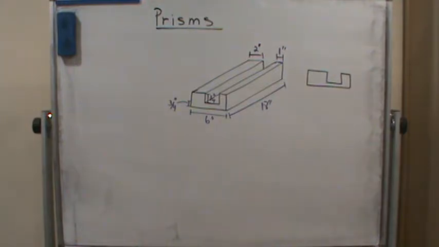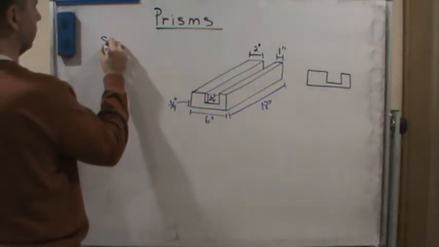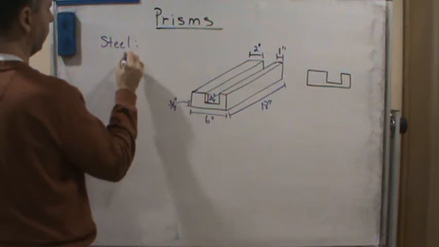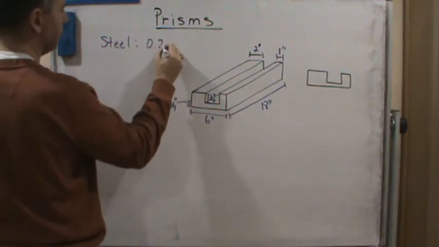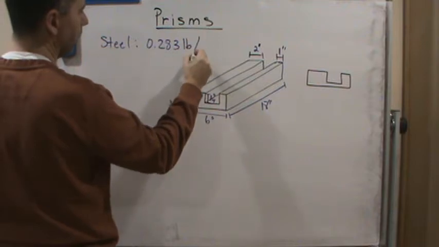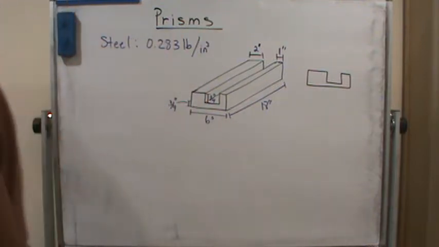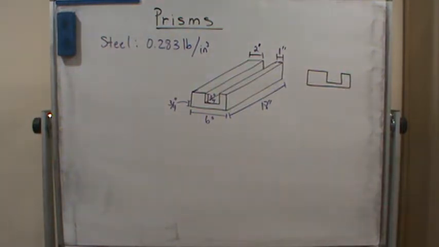Okay, so it says steel weighs approximately 0.283 pounds per cubic inch. So steel weighs about 0.283 pounds per cubic inch. Okay, so that gives us that information.